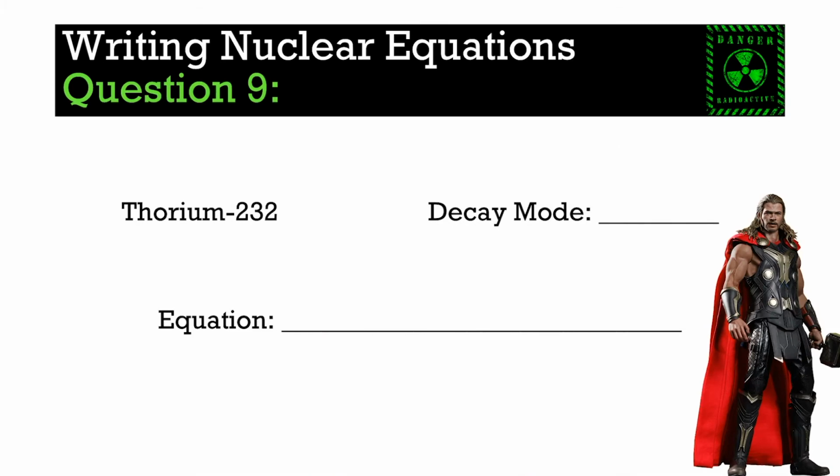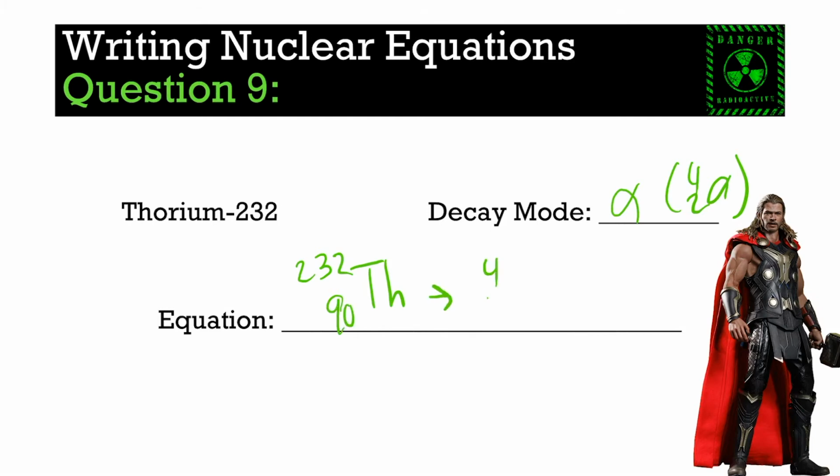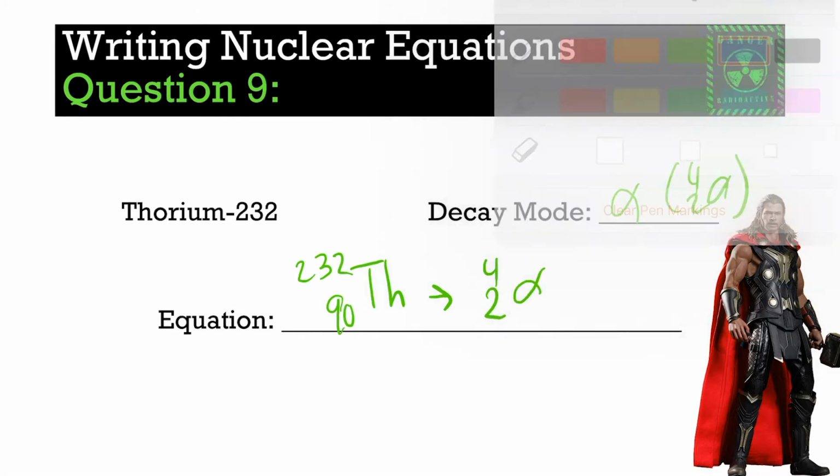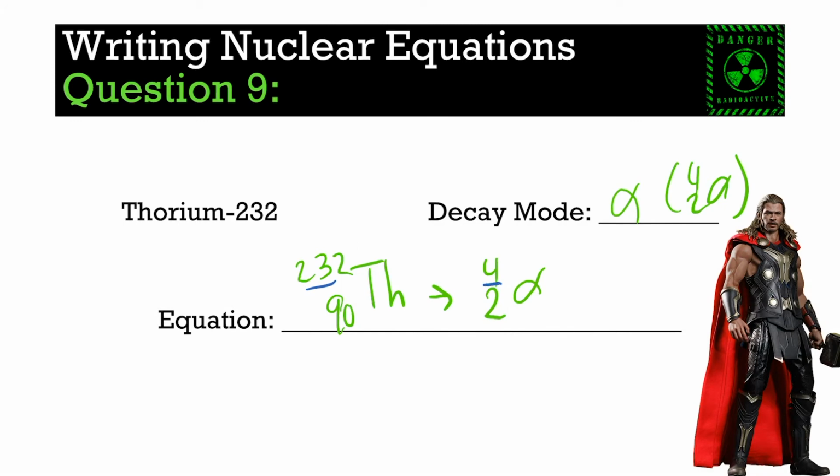Moving forward, we have thorium and a wonderful picture of Thor, because why not? Thorium 232 goes through alpha decay. It looks like this. So again, they all start off the same. Thorium is element number 90. We know it's going to release this. And so, if again we're focusing on the top, 232 equals 4 plus something.